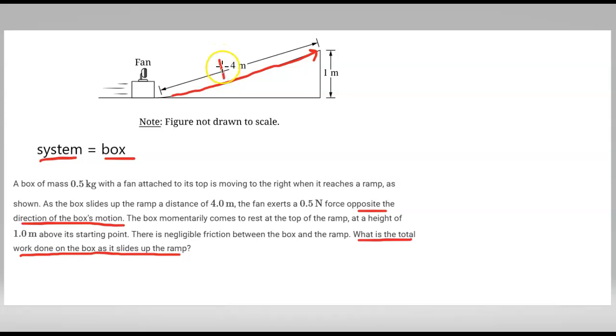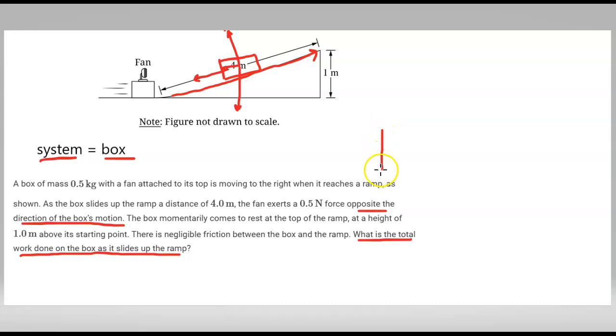So if the box is on the ramp, here it is. Let's draw all the forces. There's going to be a normal force perpendicular to the ramp, right? There's going to be a fan force. Well, it says the fan force is opposite the direction of motion. That means the fan is trying to push the block this way. And then we have gravity going straight down. So I'm going to draw that a little bit larger on the side.